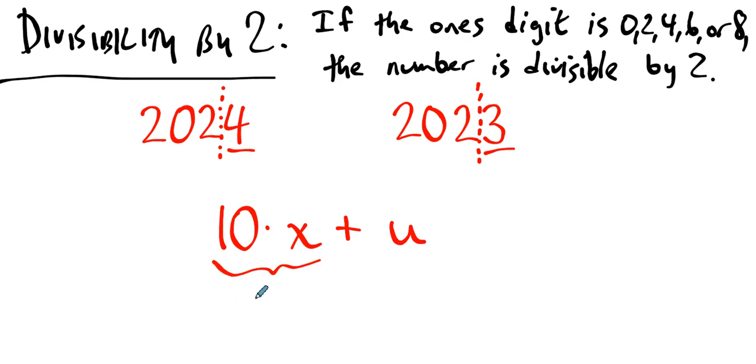So 2 divides this because 2 divides 10. So the question is, does 2 divide the units digit? And in these cases, it does. So if the units digit is one of these, then 2 divides it, and 2 divides the whole number.